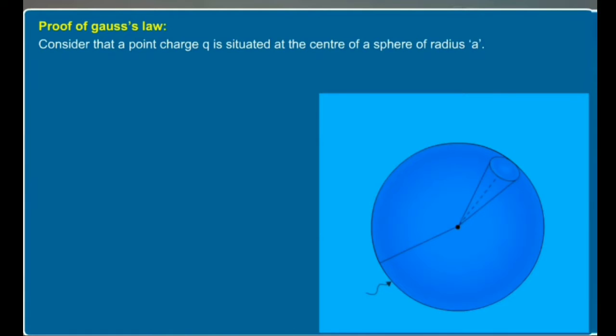Proof of Gauss law. Consider that point charge Q is situated at the center of a sphere of radius a. Consider a small elementary surface area ds and the electric field, with angle between them theta.